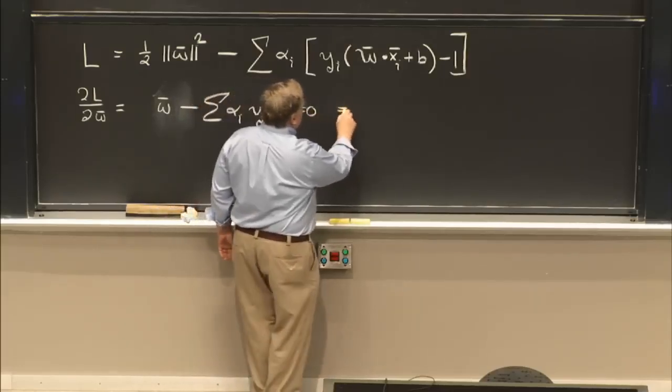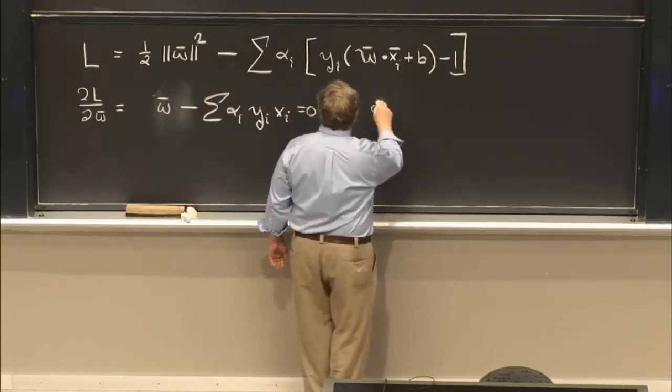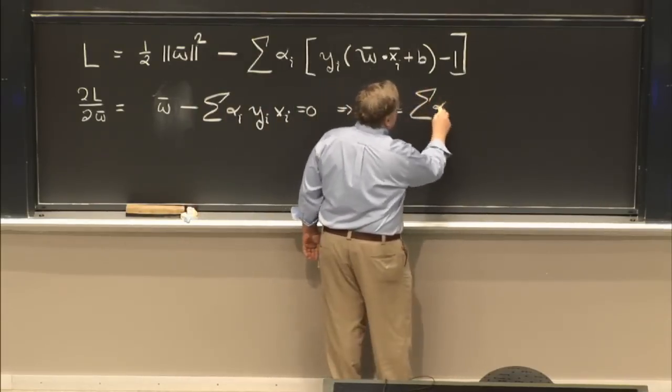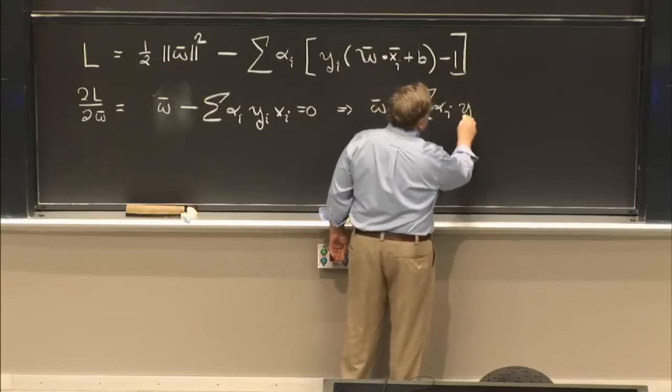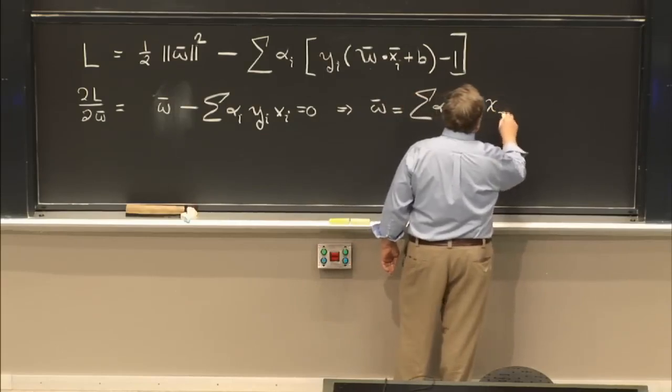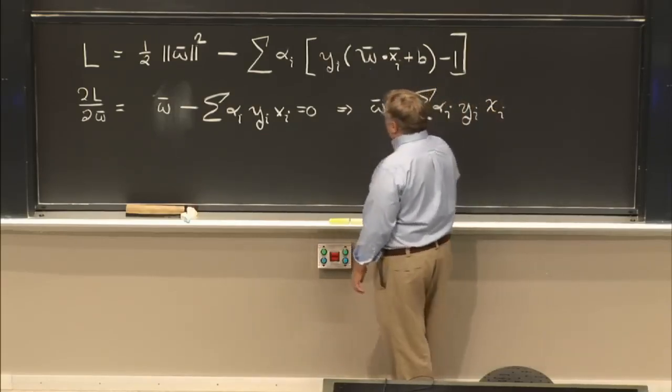And that implies that W is equal to the sum of some alpha I, some scalars, times this minus 1 or plus 1 variable times X sub I, over I.